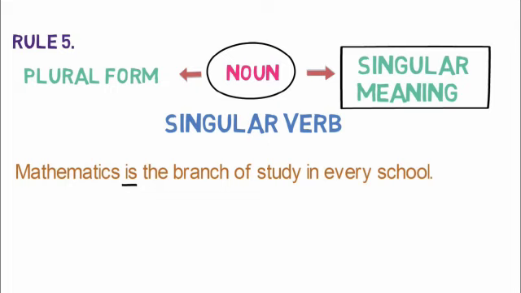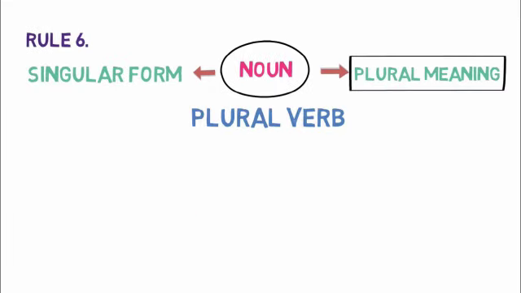Let's look into one more example of this kind. The news is true. Here the noun news is plural in form but singular in meaning. So we have used is here. Now the next rule.